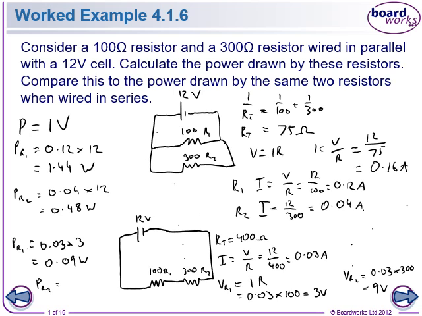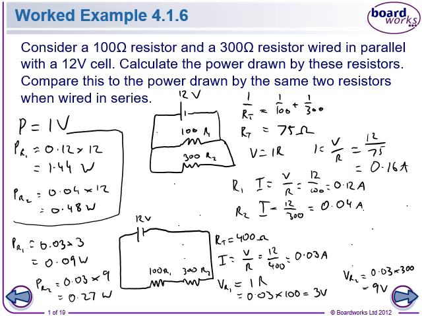And through R2, we have 0.03 amps multiplied by 9 volts, which is 0.27 watts. Okay, so looking at those numbers, we are finished now. That's good. We got to the end of it.